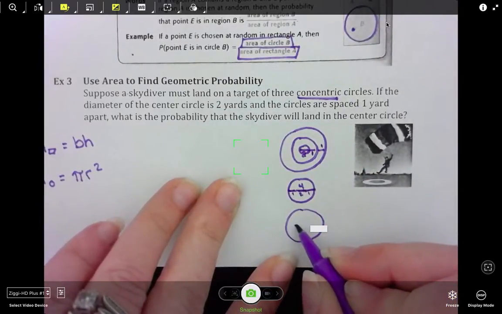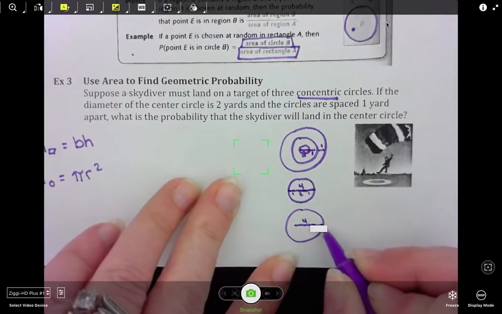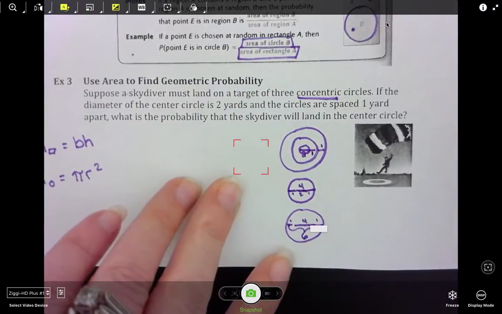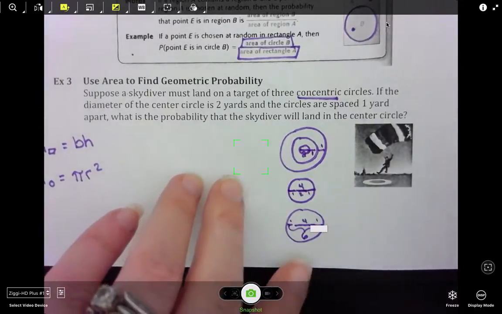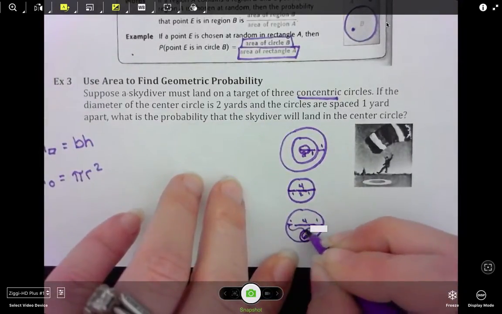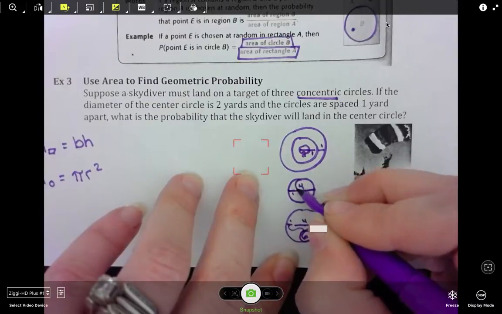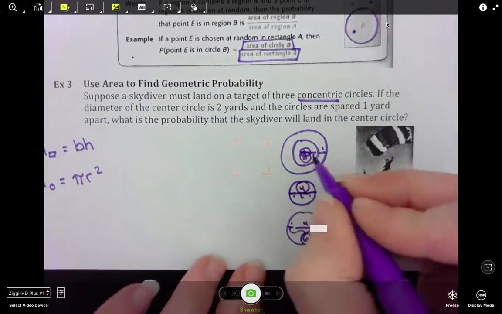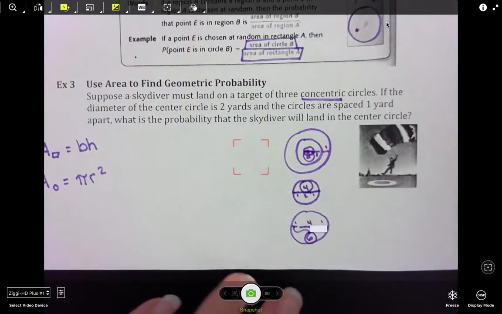So if the middle circle is 4 right here, and this is 1 and this is 1, then that entire length is 6. Keep that in mind when you're doing these circles. The large one has a diameter of 6, the medium one has a diameter of 4, and the small one has a diameter of 2, because they're spaced 1 unit apart on either side.